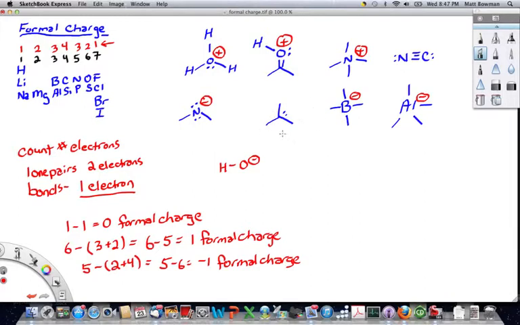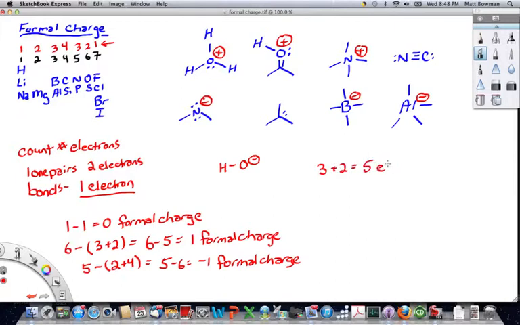It's also possible to have the carbon with formal charges. Carbon with formal charges will usually appear if you have a lone pair on a carbon, such as right here. This carbon right here has 3 bonds to it. So that's 3 electrons, plus the lone pair. That's 5.